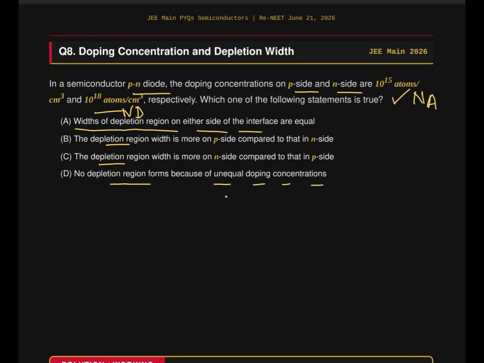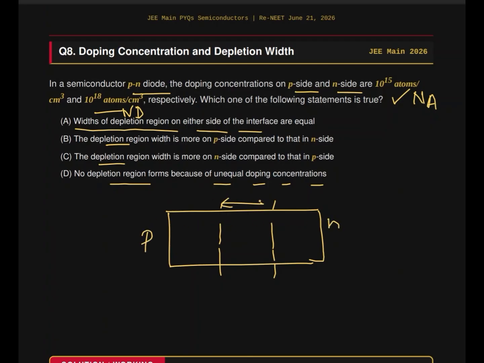Okay. So whenever we have a PN junction, this is the depletion region, depletion width W. We have negative, negative, and positive. Okay. And this is Xp, this is Xn.